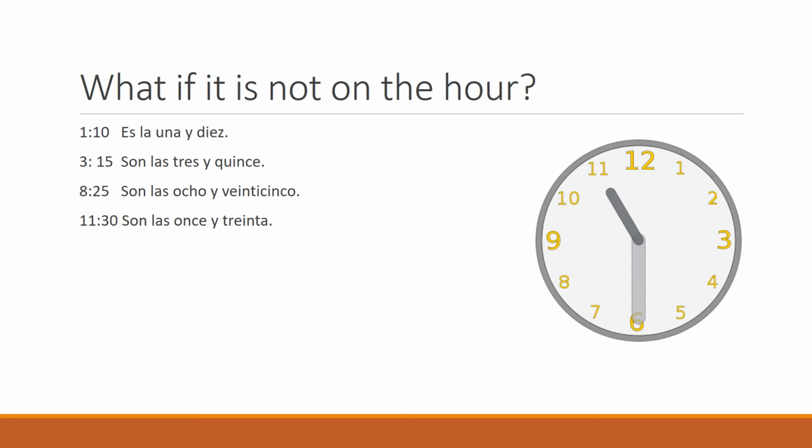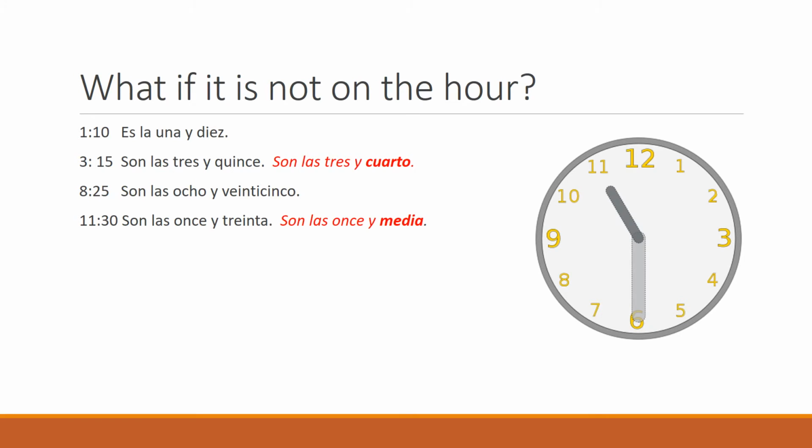Now, if you want to say it's 11:30, you would say son las once y treinta. Another thing you have to learn is that sometimes Spanish speakers will use the words cuarto or media.